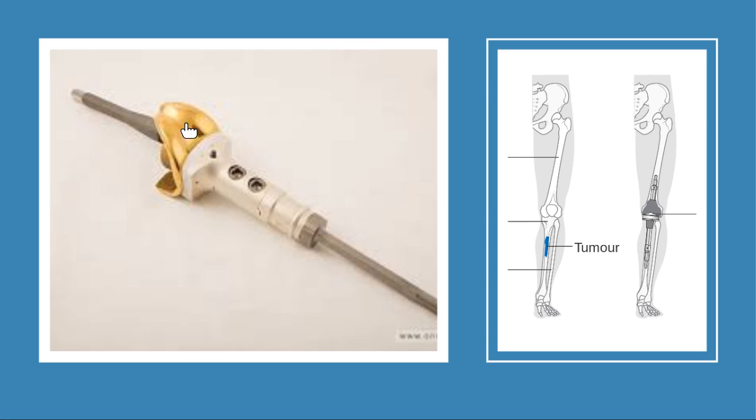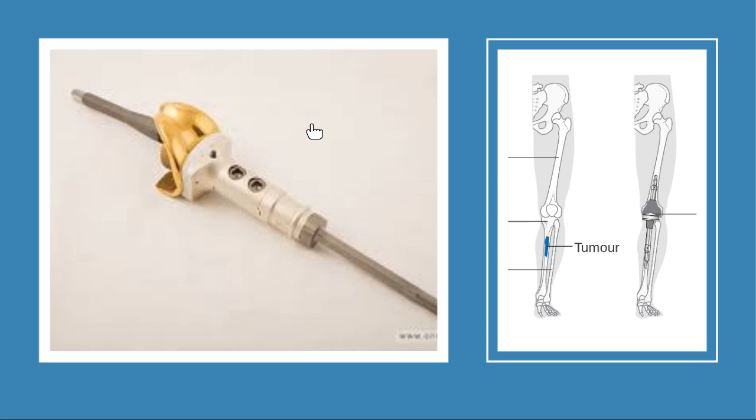So it's like a knee replacement, but it's a lot more fancy and has a lot more components involved. So you have this area which can go up and stabilize into the femur, this area that can stabilize down into the tibia, and then you have the artificial knee joint in between. So if you're able to resect the tumor, you're able to fit them with this tumor prosthesis.